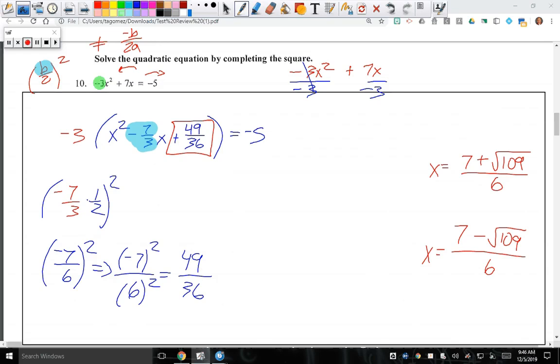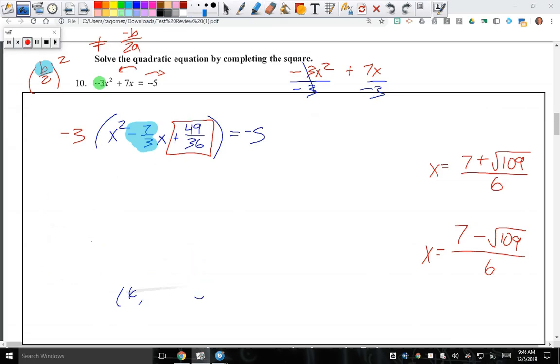Now I know, yeah, this one you can't simplify yet. But my next question, the thing I'm going to be looking at on the key or on your test when I'm grading it, is how much did you end up adding or subtracting to the other side? Am I going to add 49 over 36? I'm not. The reason why is because this is not a 1.